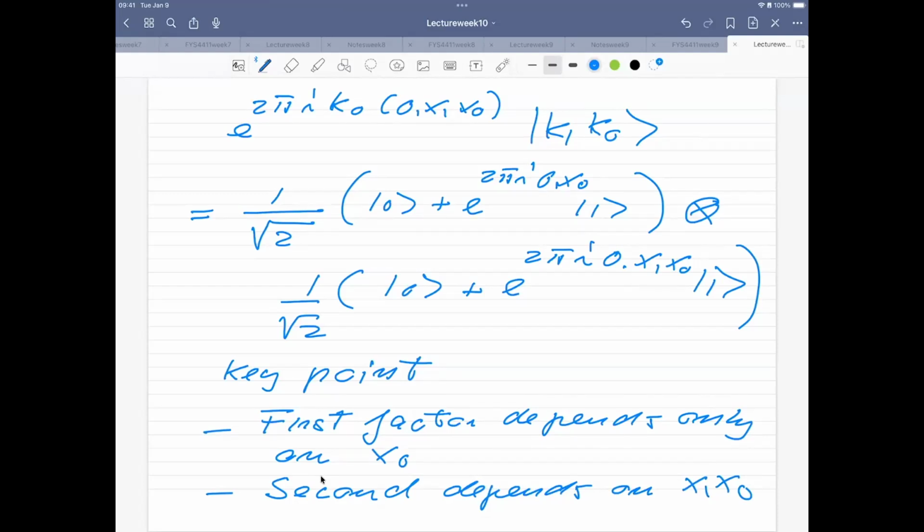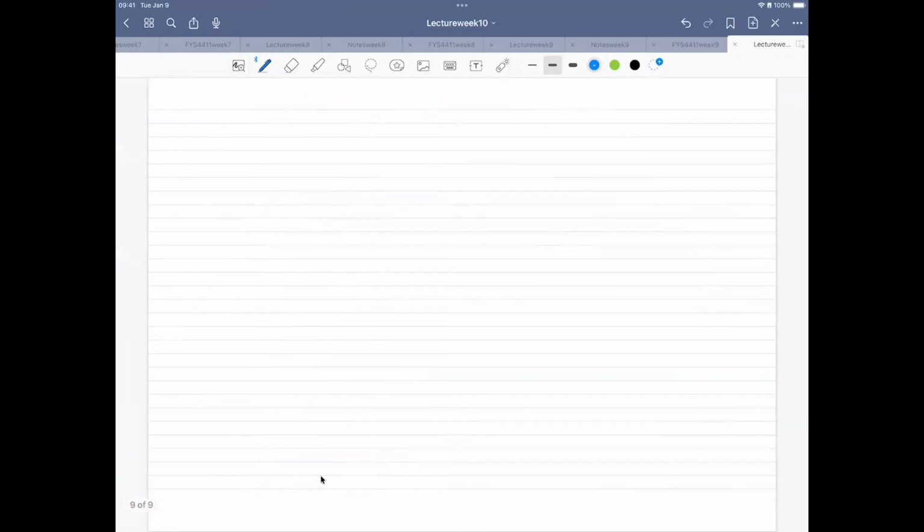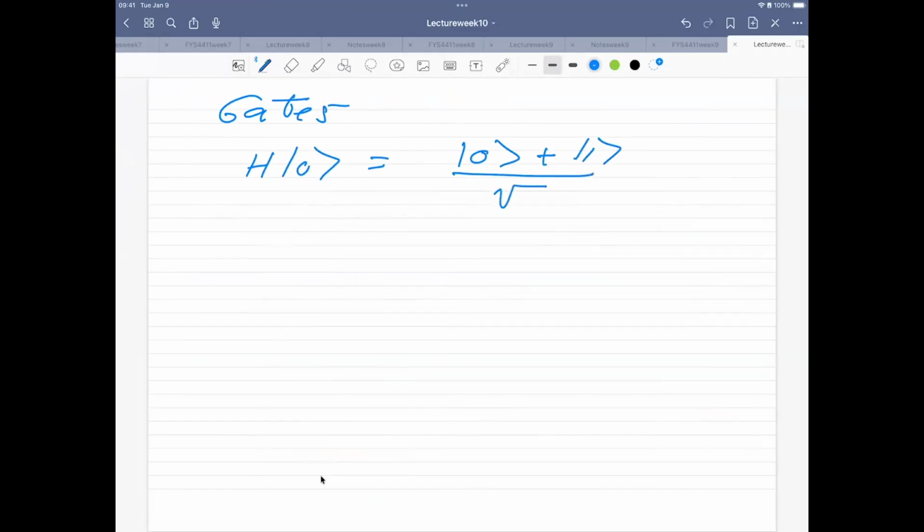So let's continue a little bit with these small manipulations here. It's useful now to remember some of the gates which are going to be playing a major role here. If you think back of the Hadamard gate, we know that when that acts on a qubit 0, it gives us the linear superposition.